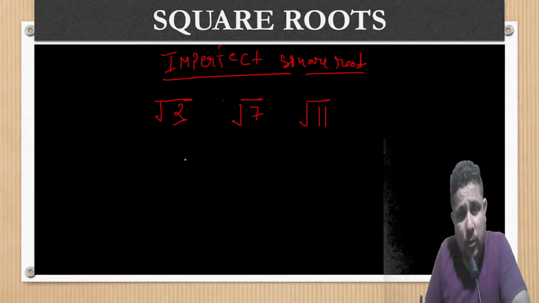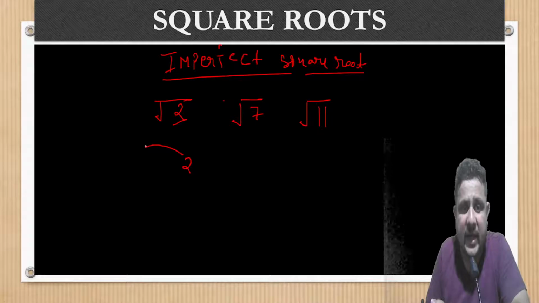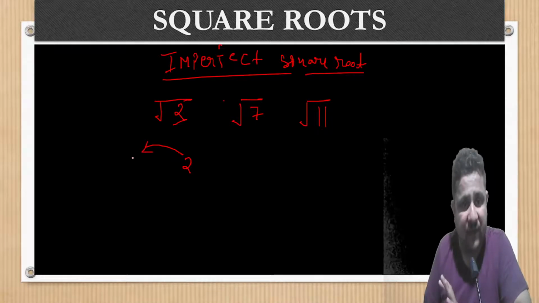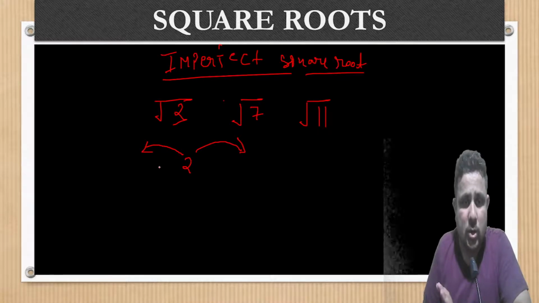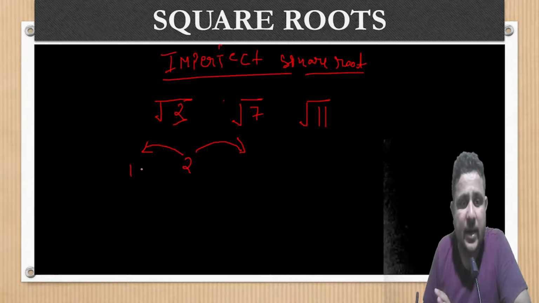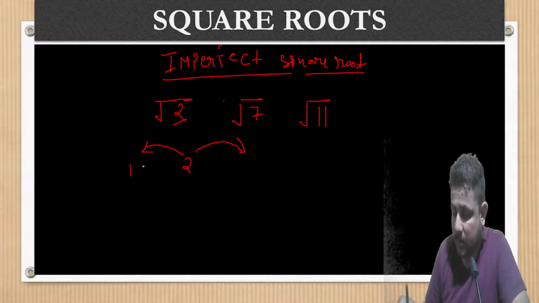So you are finding the square root of 2. Before 2, whatever the number is, just before that, which number is a perfect square, you need to focus on. And after that, which number is the perfect square. Before 2, it is 1. 1 is a perfect square, right?